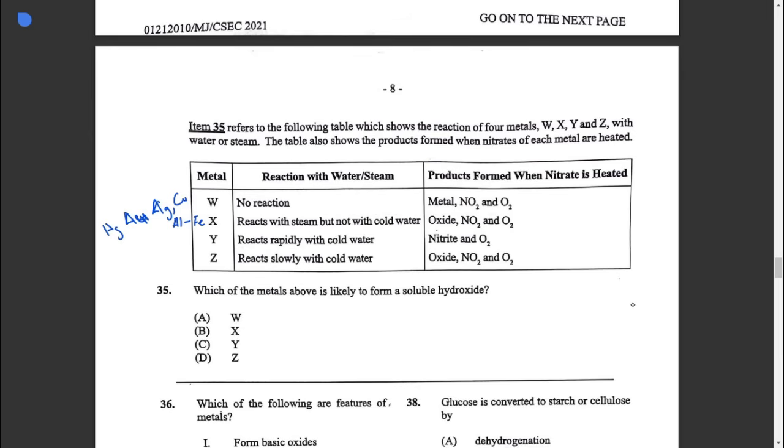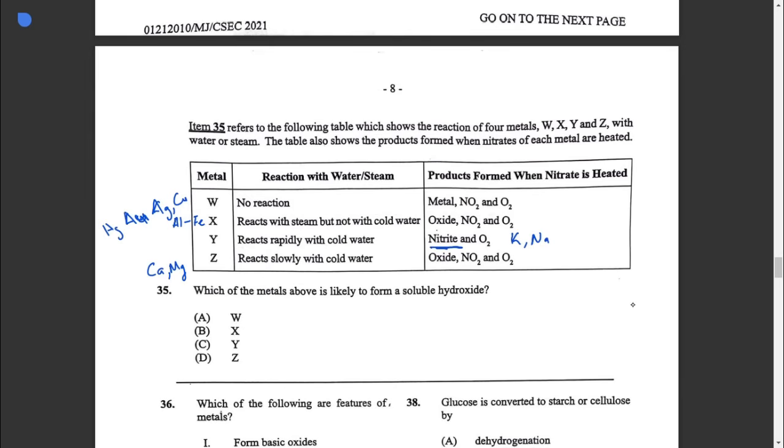Y reacts rapidly with cold water, but this can only be one of 2 elements: it's either potassium or sodium. Sodium and potassium nitrate, when they are decomposed, form the metal nitrite and oxygen gas. All the others form the metal oxide, nitrogen dioxide, and oxygen gas. So that was a giveaway. Z reacts slowly with cold water, and this is between calcium and magnesium.